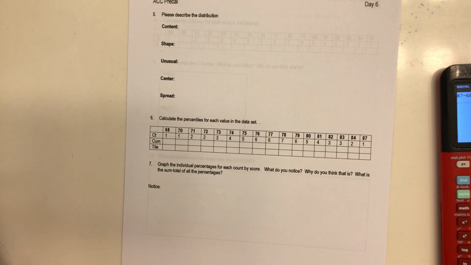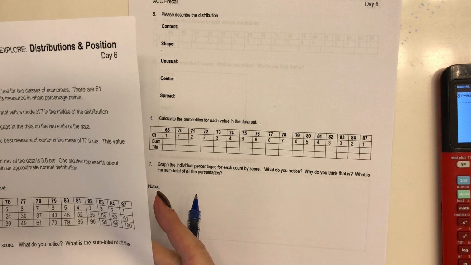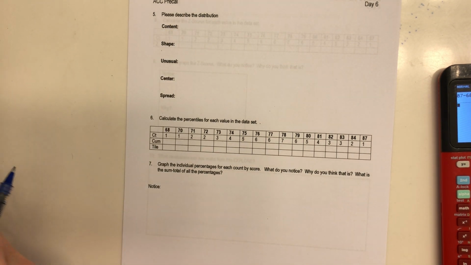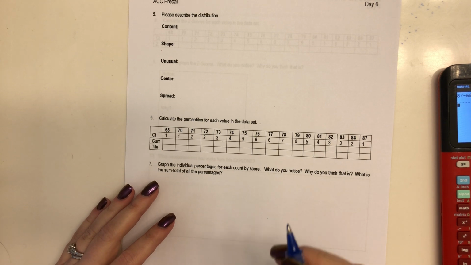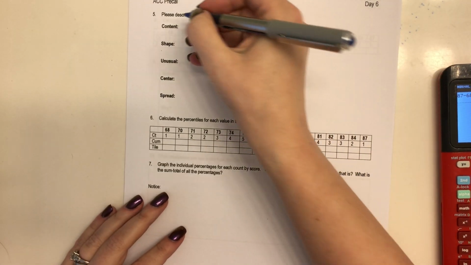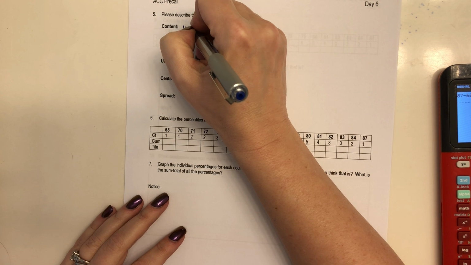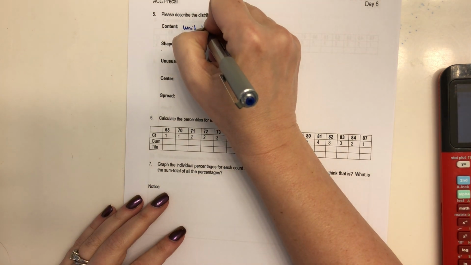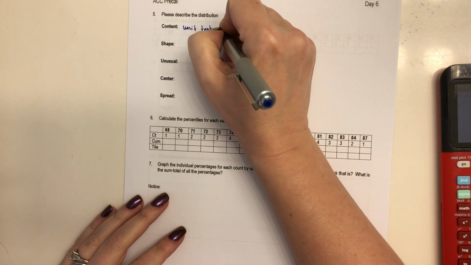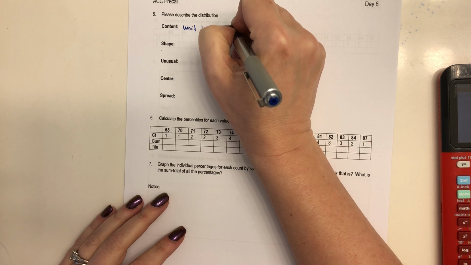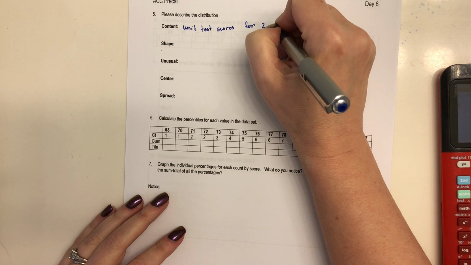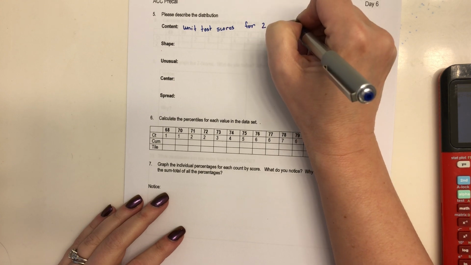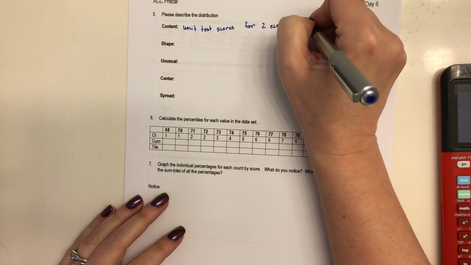Okay, now we're moving on to the next page where it asks for some descriptions. If I'm looking at number 5, my context, these would be the unit test scores for 2 econ classes. That's what the problem's about.